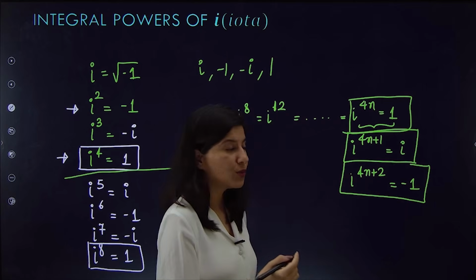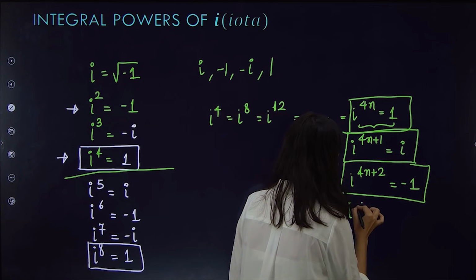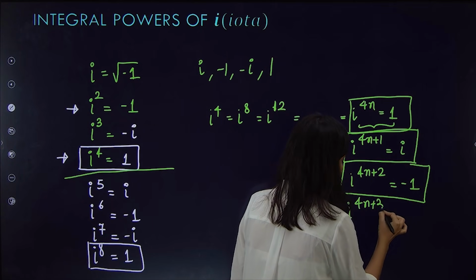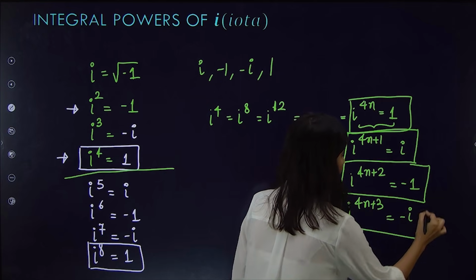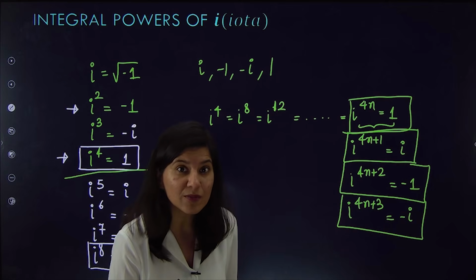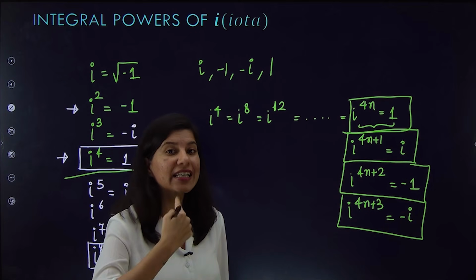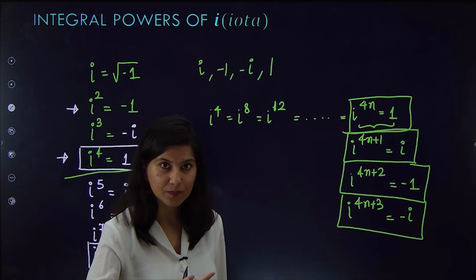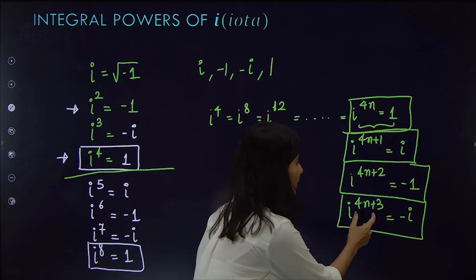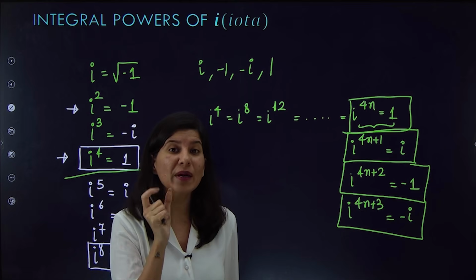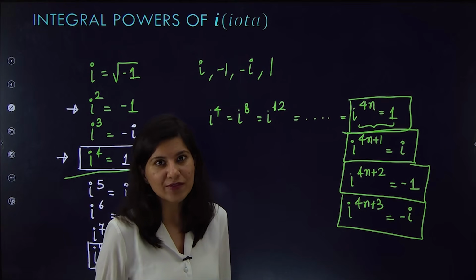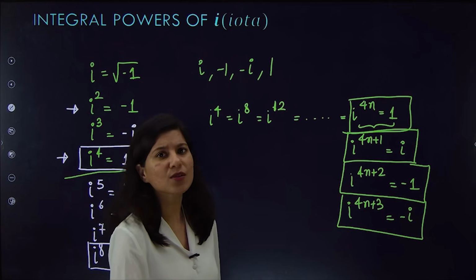One more time, 4n plus 3 is going to become minus iota. Next time if you multiply one more iota, the cycle will get completed: 4n plus 4 is 4k, so again it is going to become 1.